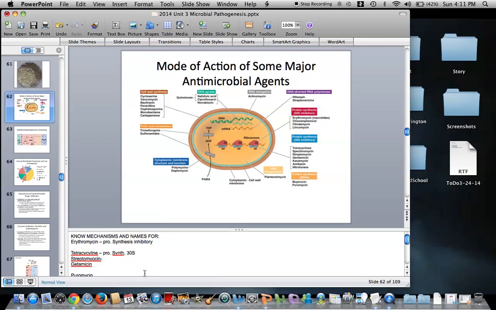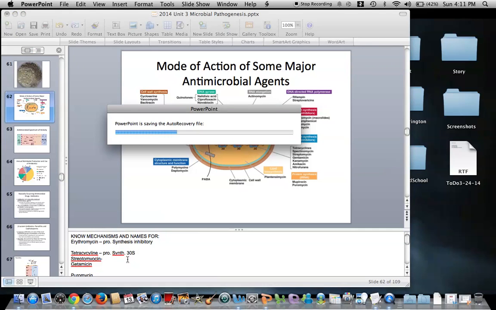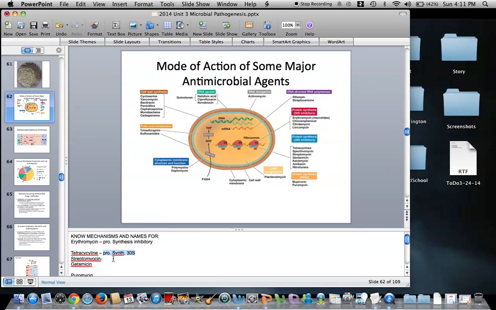Yeah, protein synthesis. It's exactly the same as tetracycline. Good to know. And then gentamicin. Gentamicin is again the same thing.